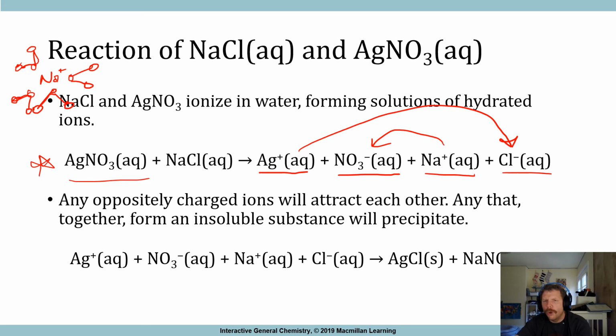They are almost always soluble. So if my head wasn't blocking it, you would see NaNO3(aq). AgCl, on the other hand, well, this happens to be a compound, silver chloride, that is solid, that precipitates out of solution.